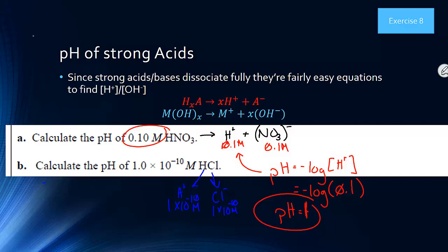And again, the pH is simply the negative log of the concentration of hydrogen ions. So the negative log of 1 times 10 to the negative 10. So the pH is 10.